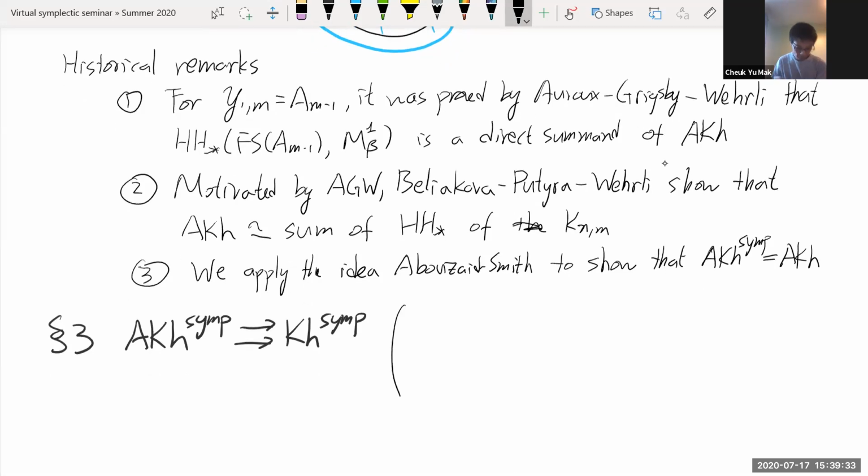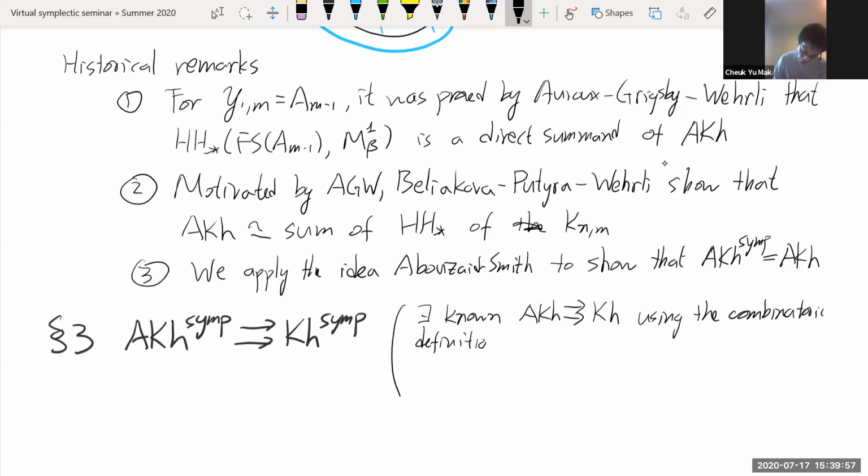First, I need to say that there exists no construction of a spectral sequence from the annular Khovanov homology to the Khovanov homology using the combinatorial definition of AKH.